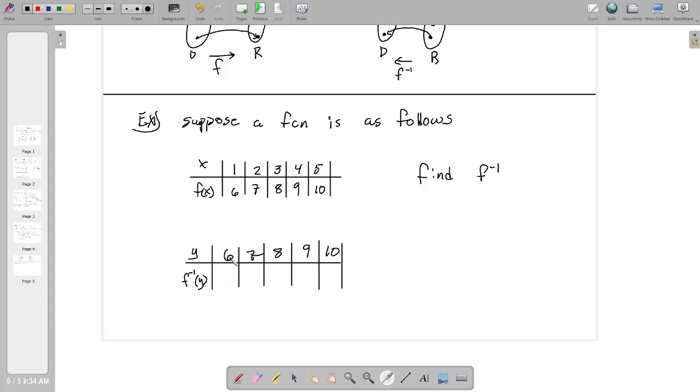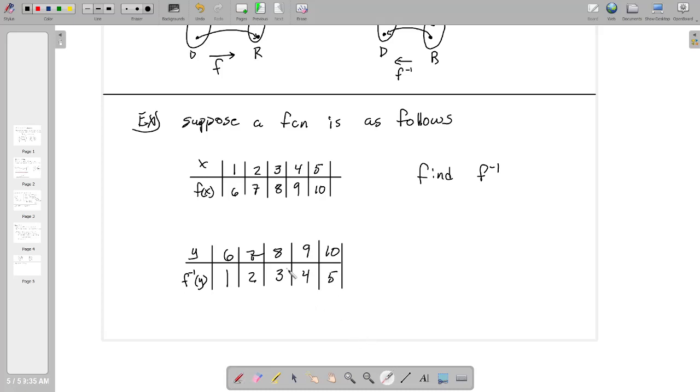The pre-image of 6 will be 1 because it's the value that is assigned 6 by the function f. So the pre-image of 6 is 1, so we get a 1 here. The pre-image of 7 is 2. The pre-image of 8 is 3. The pre-image of 9 is 4, and the pre-image of 10 is 5.